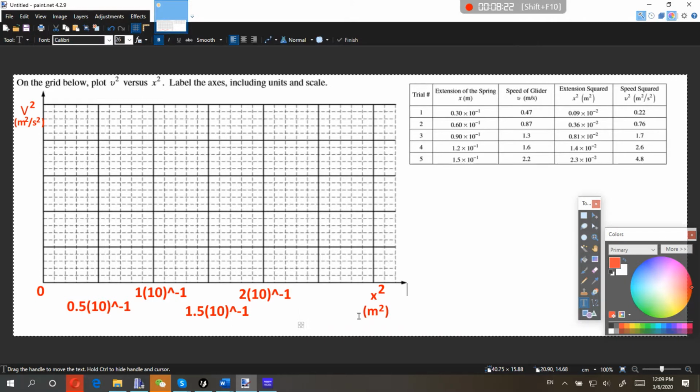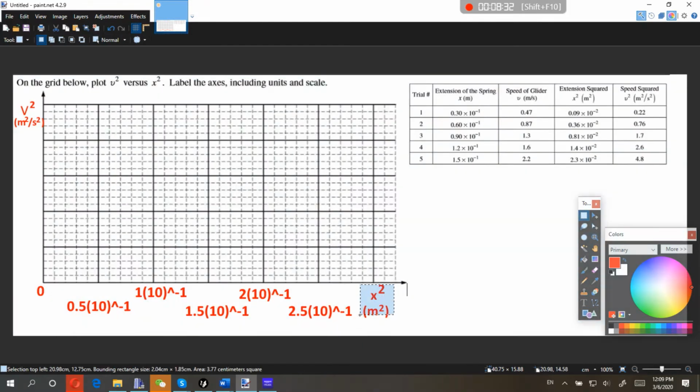That's probably as far as we need to go. So none of our numbers actually make it that high.